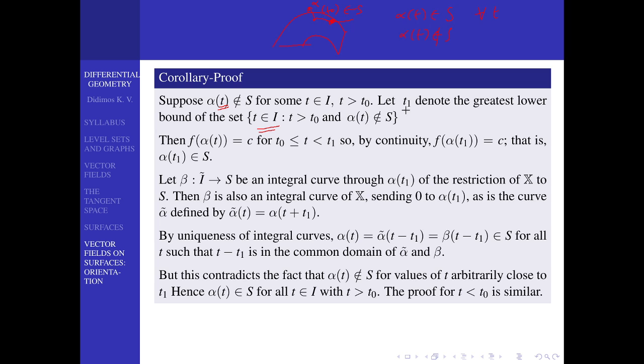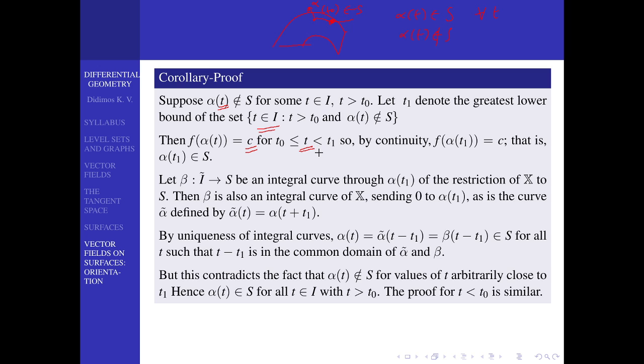That is because this t1 is the greatest lower bound of the set. So this t1 is expected to be the first point at which alpha of t1 does not belong to S, if possible. Anyway, for every point less than t1, we can say that alpha of t is a point on the S. Then f of alpha of t is equal to c.